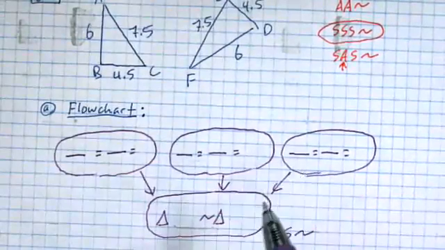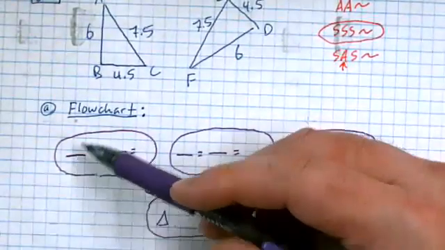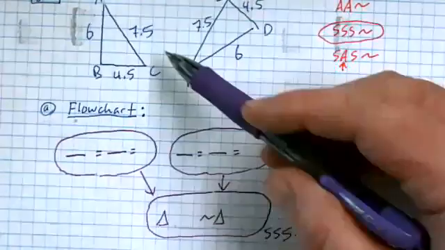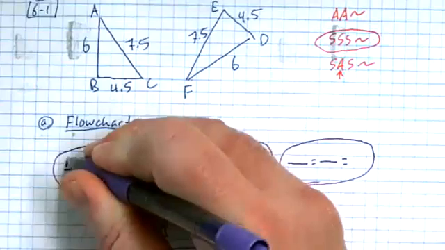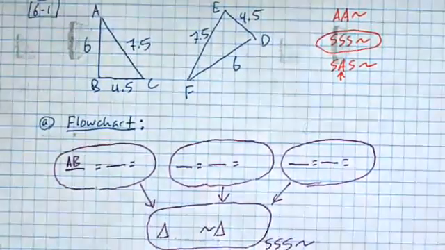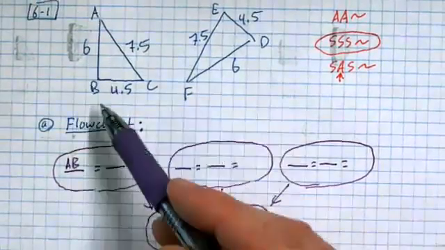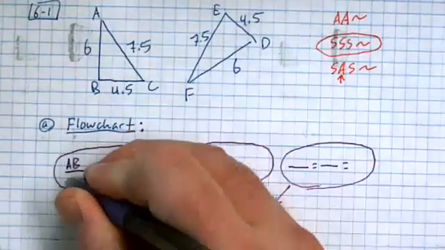Okay, so the first fraction is going to be the name of 2 sides. So I'm going to pick a side over here. I'm going to go for the AB, the side that goes from A to B. So I'm going to put AB on the top. Can you name for me the side of the other triangle that would correspond to AB? FD. Okay, let's go FD on the bottom.